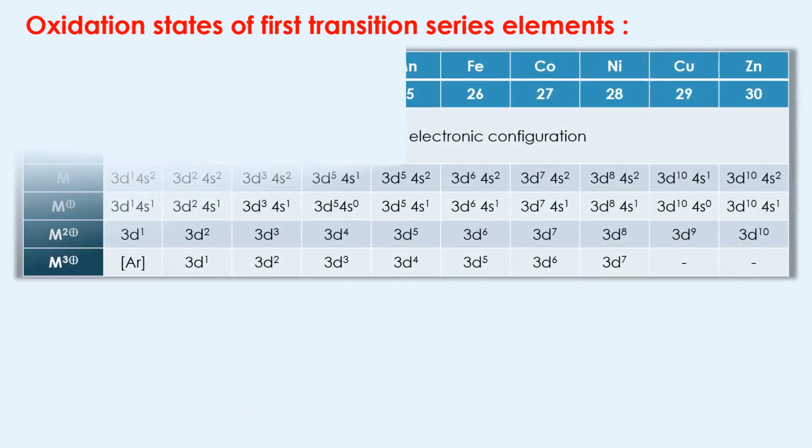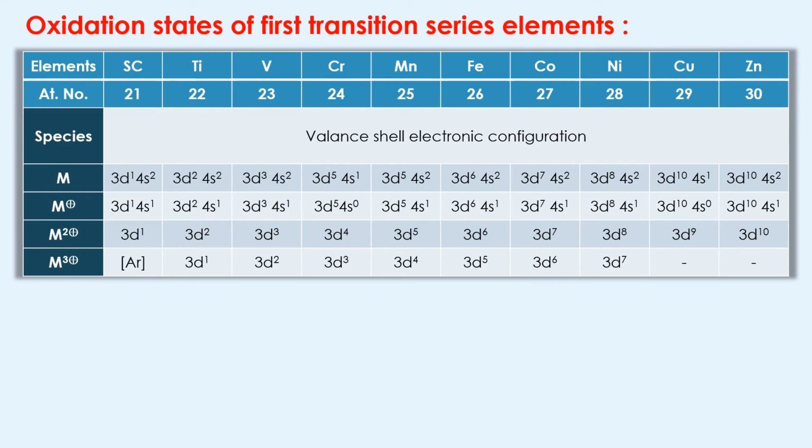Now see this table. In this table also they explain, starting from scandium to zinc. When it is M, meaning when they are present as a metal, at that time the expected and observed configurations are what we have taken here.